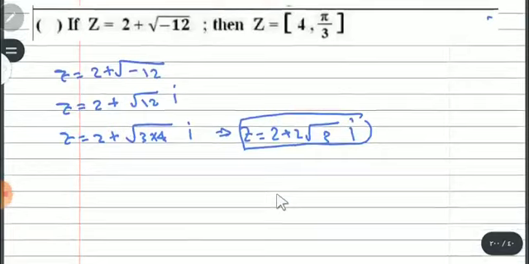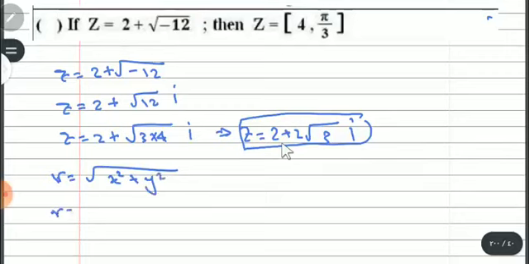Because this is z, we have to find r, the length: the square root of x squared plus y squared. So r equals, who's x? The real part, which is 2, squared, it will be 4, plus, who's y? The imaginary part, without using i, just the number: 2 multiplied by square root of 3. But here, squared.